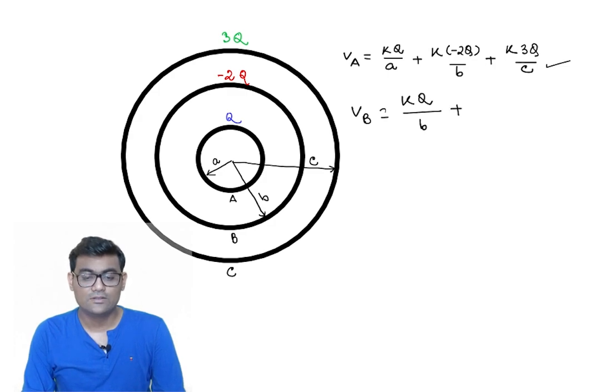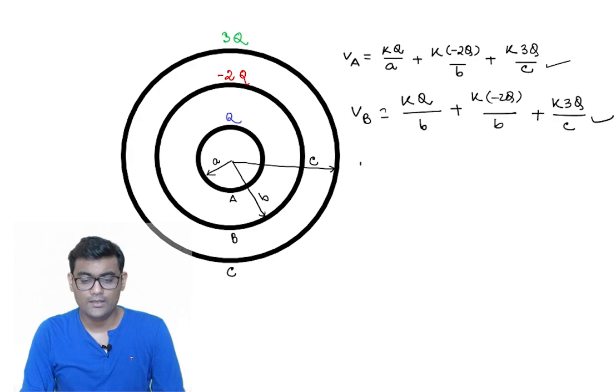Then it is on the surface of the middle sphere, so it is K into minus 2Q divided by b, and this point is inside the outer sphere, so it is simply K 3Q divided by its radius c. So that is the potential of the shell B.